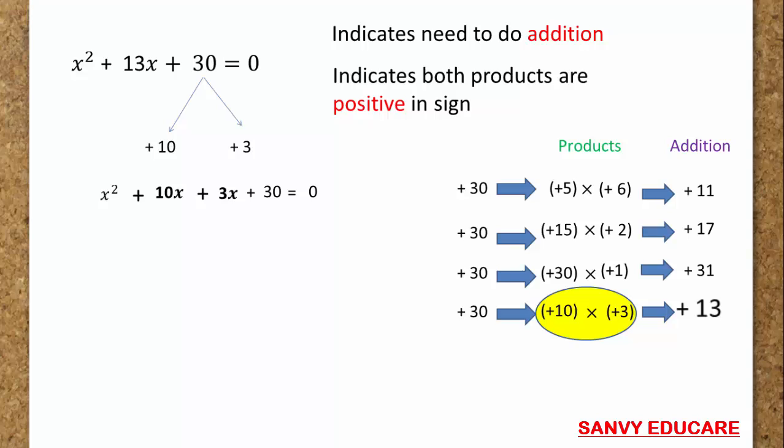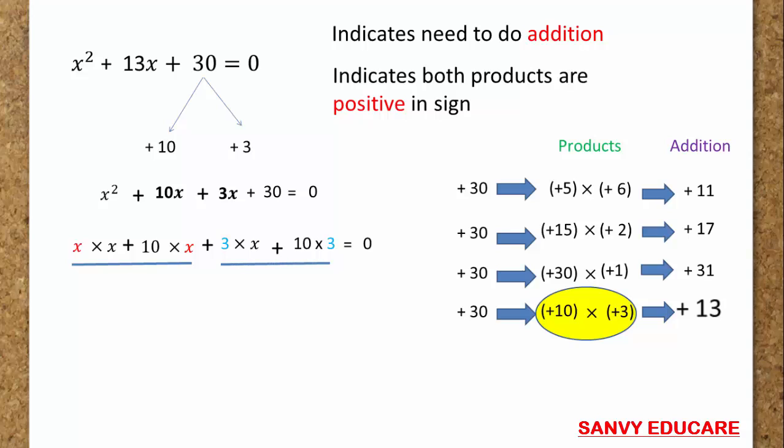Next step: x into x plus 10 into x plus 3 into x plus 30, which is 10 into 3, equal to 0. We have split this equation into simpler factors: x into x plus 10 into x plus 3 into x plus 10 into 3 equal to 0.